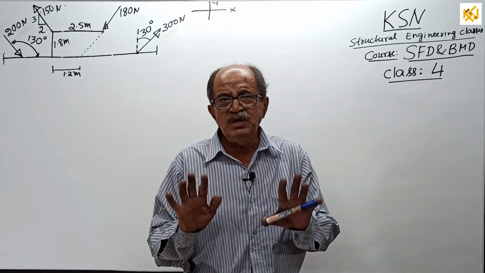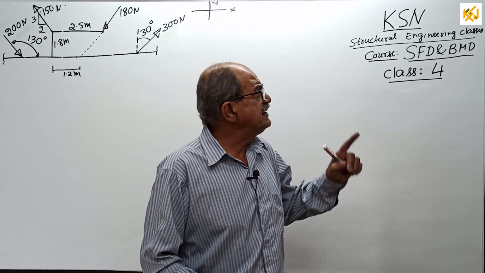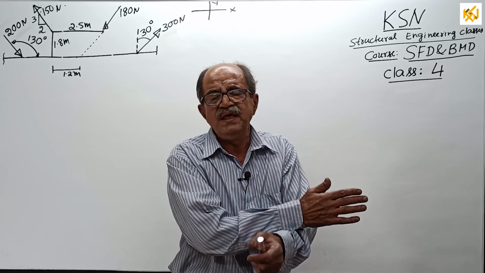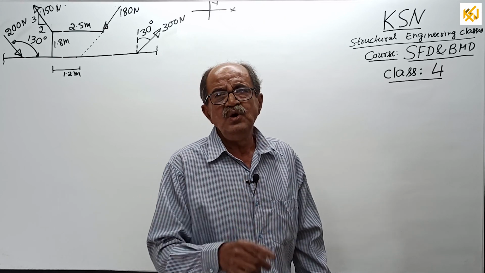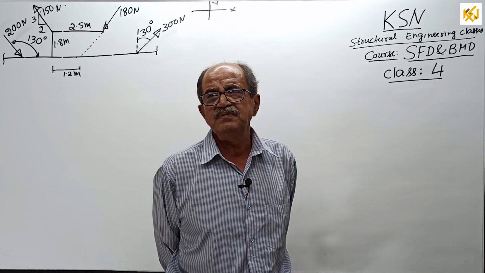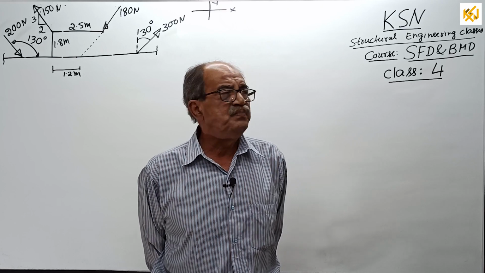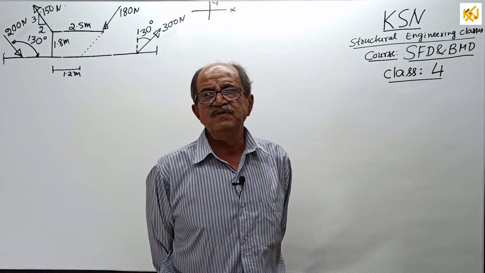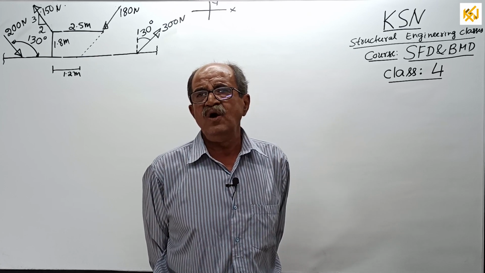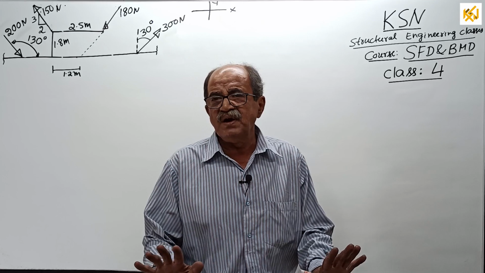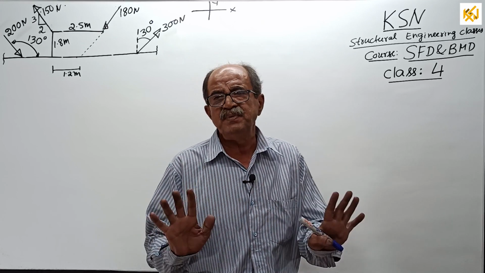How? You stick to one concept. Whatever way the angle is given, either they can give with x or with y, no. When you resolve, you consider the angle with x. That's all. Stick to one concept. So, if they give with x, no problem. If the angle is given with y, you write the angle or consider the angle with x. So, now onwards, in our class, I will stick to one principle.